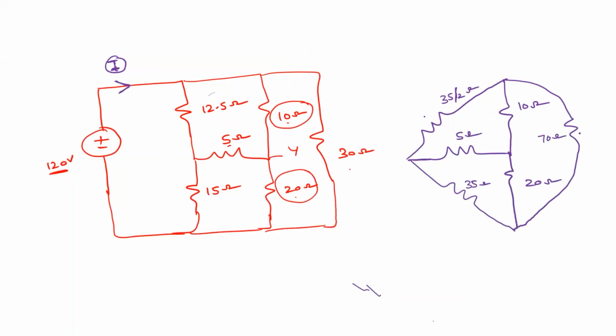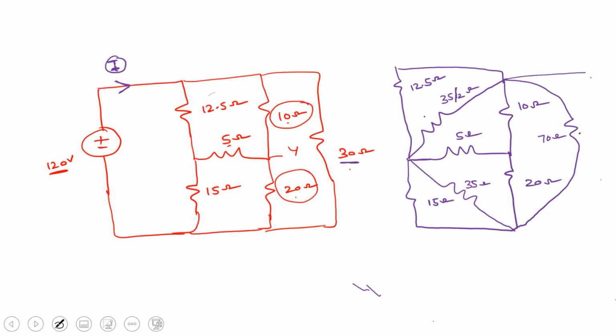So now you can add the other circuit elements. What are the other circuit elements? You have this 15 ohm resistor, and this 12.5 ohm resistor. What else is left? This 30 ohm resistor.